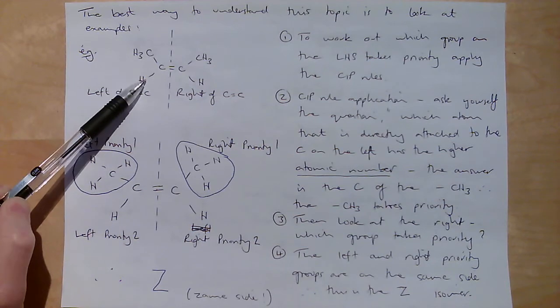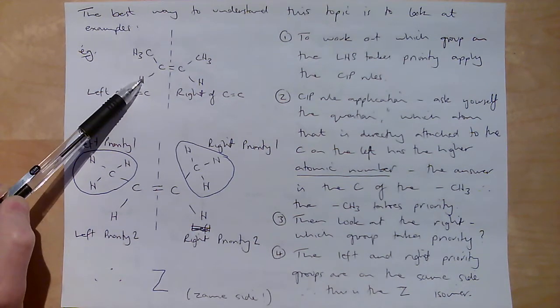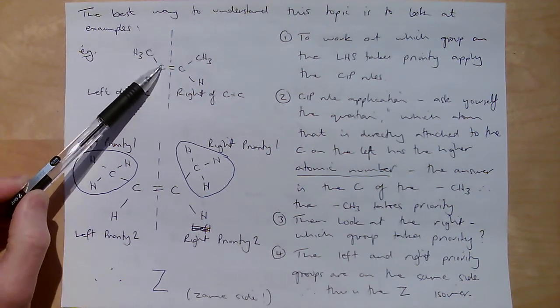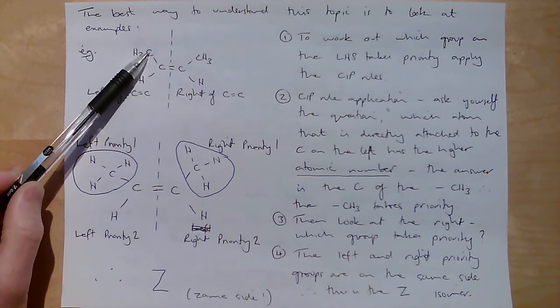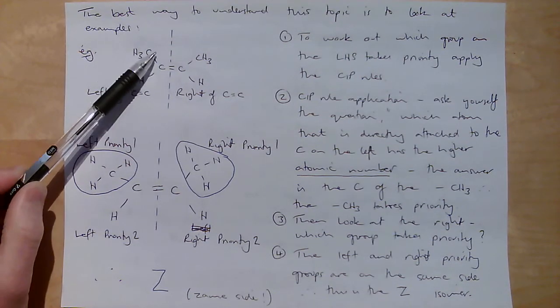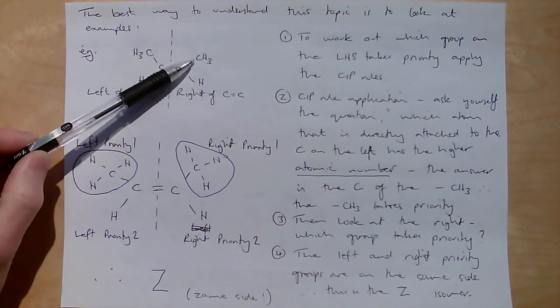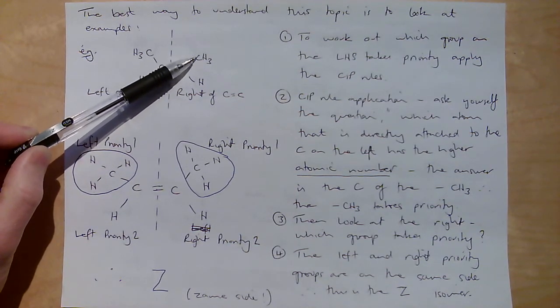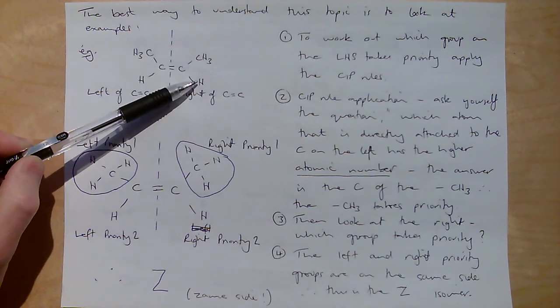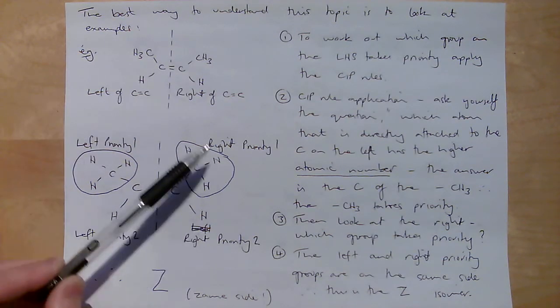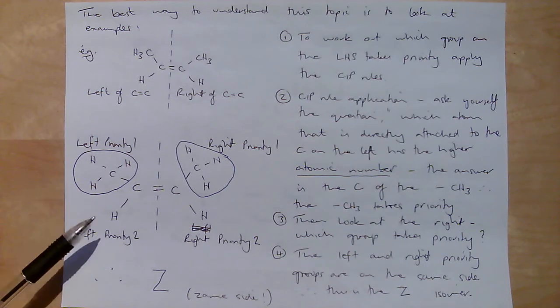The first atom attached to that carbon is a carbon, the other is a hydrogen. The carbon has a greater atomic number than the hydrogen, so that's my priority group on that side. Then on the right hand side of the double bond, this is my priority group because that carbon has a higher atomic number than that hydrogen. We'll look at it again in a little bit more detail.